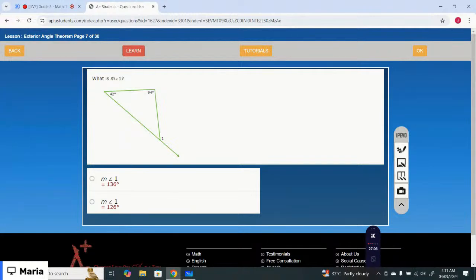What is the measurement of angle 1, which is the correct option? That is 136 degrees. Okay, you can complete the lesson by yourself later today. Let me just move on to the next lesson.